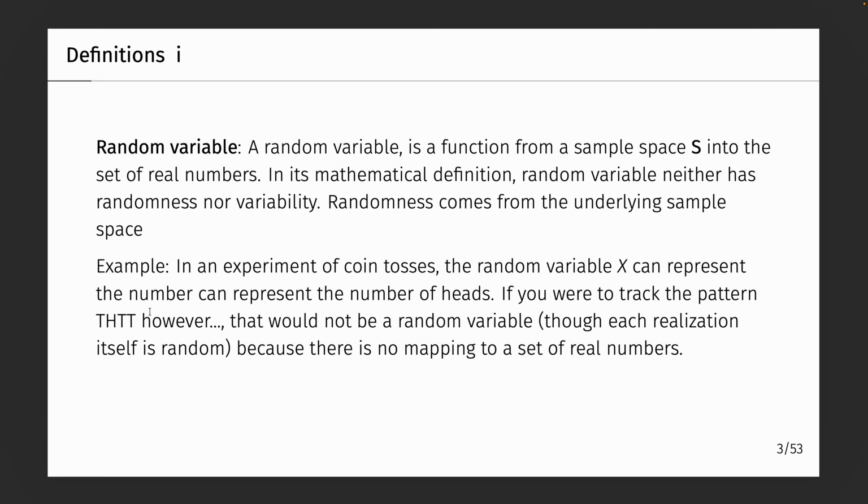Now, what a random variable does is it's a mapping from this sample space onto the real number line. So it will take these values and come up with some function or variable, which we're going to call the random variable, such that these possibilities can be mapped onto a real number line.